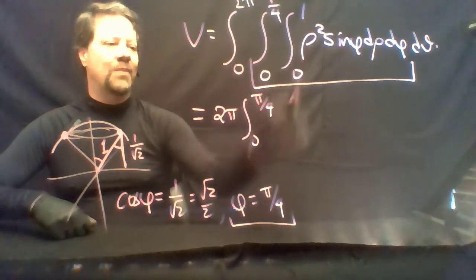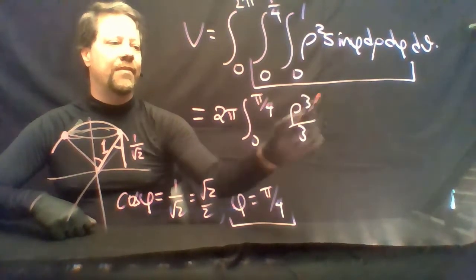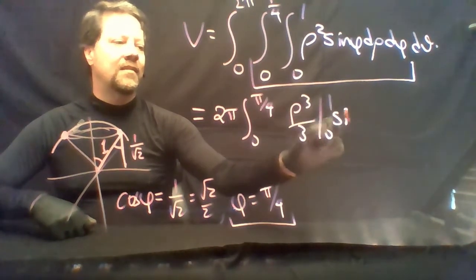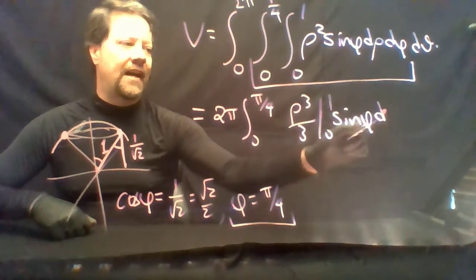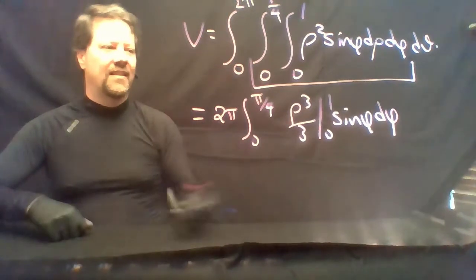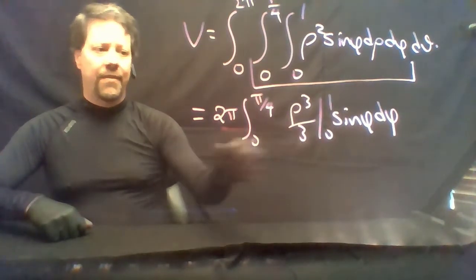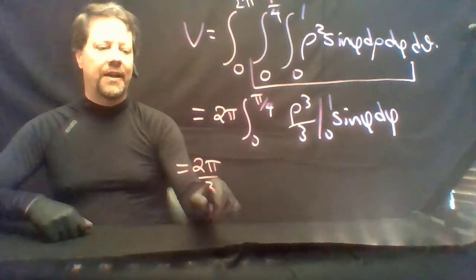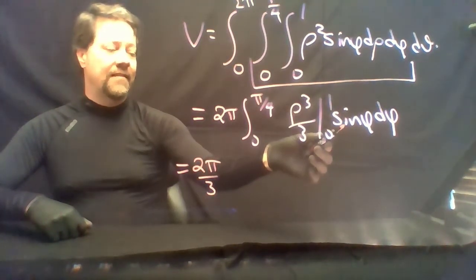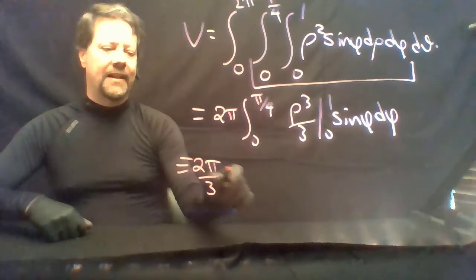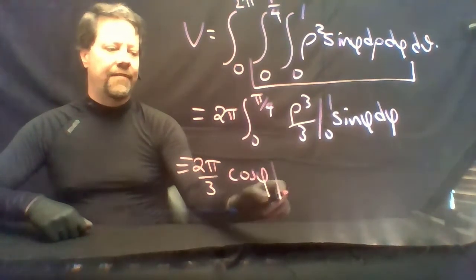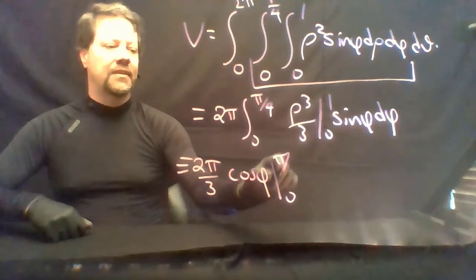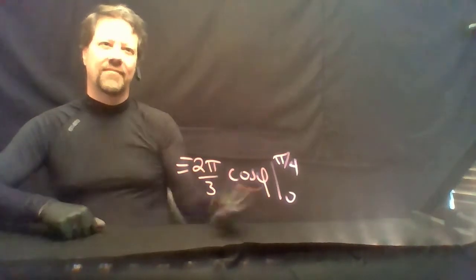Integrating rho squared, we'll have rho cubed over 3. We still have the sine phi d phi. Evaluating, we'll have 1/3, which will join the 2 pi out front to get 2 pi over 3. Then when we integrate sine, we'll have minus cosine phi evaluated from 0 to pi over 4.